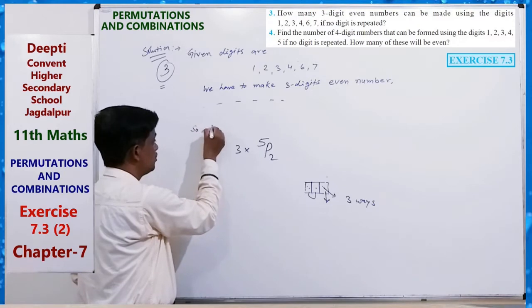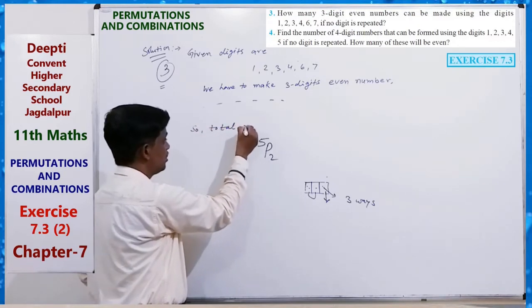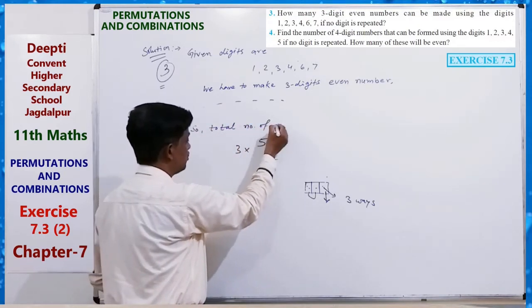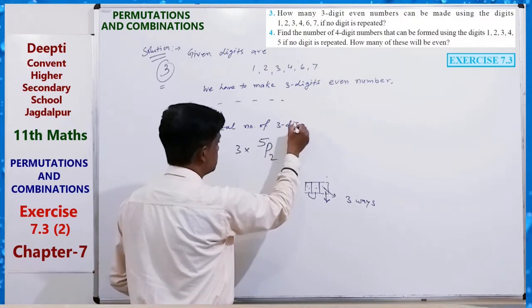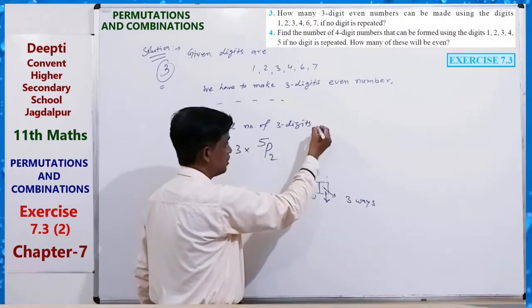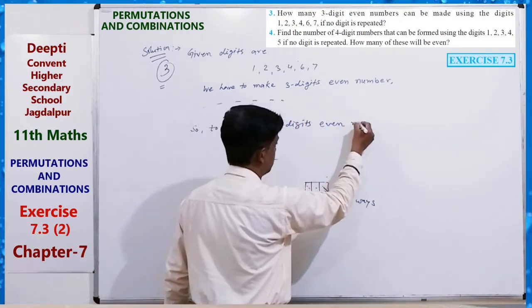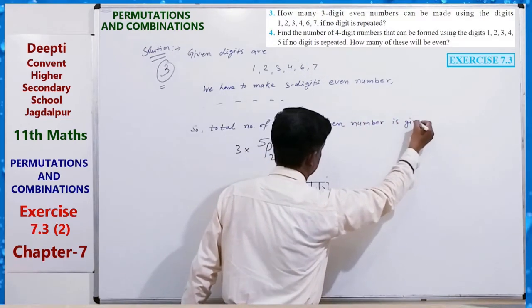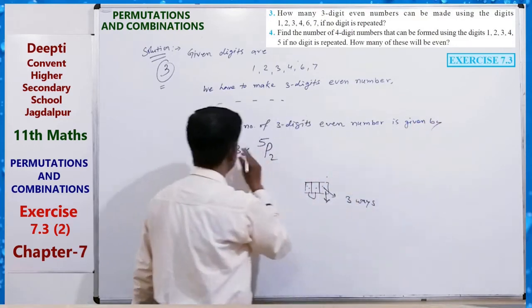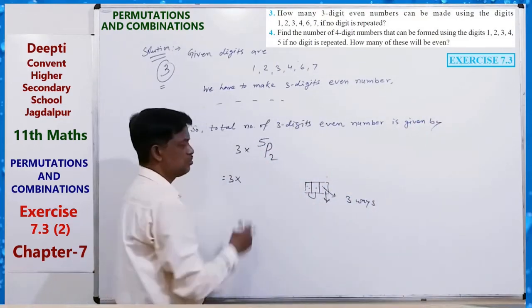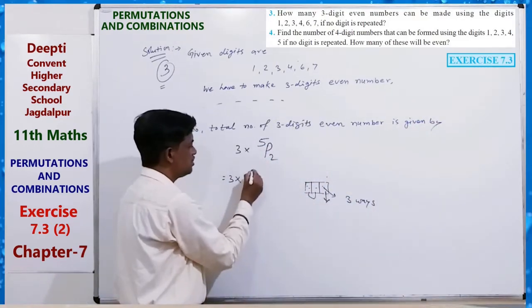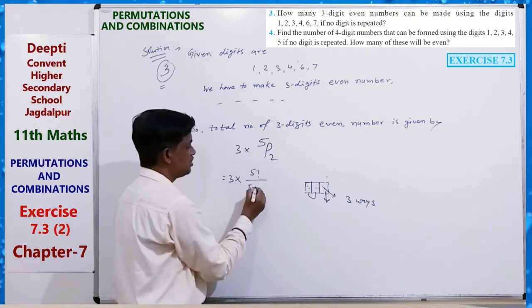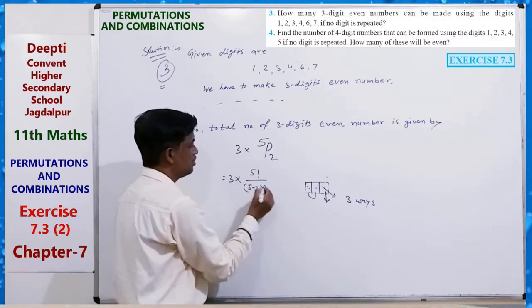So the total number of 3 digit even numbers is given by 3 into 5P2, you just have to solve it. 5P2 means 5 factorial upon (5 minus 2) factorial.